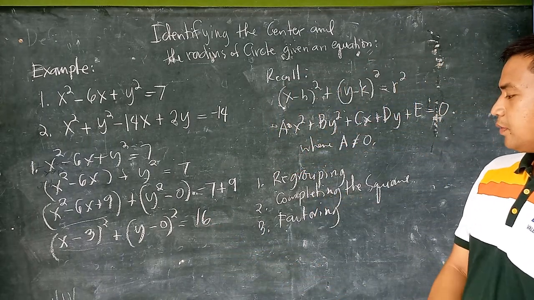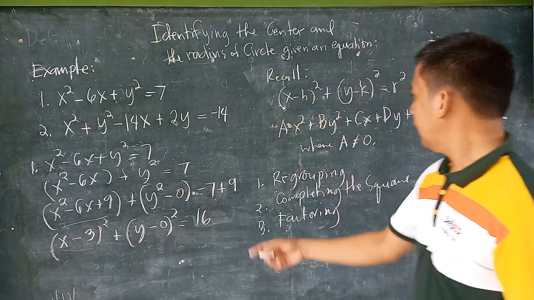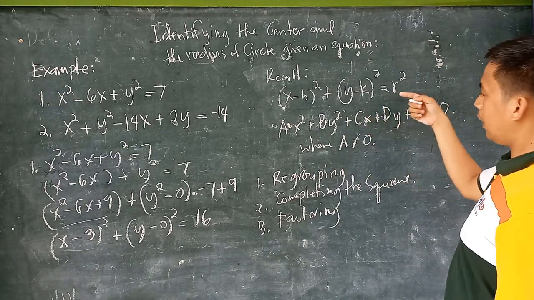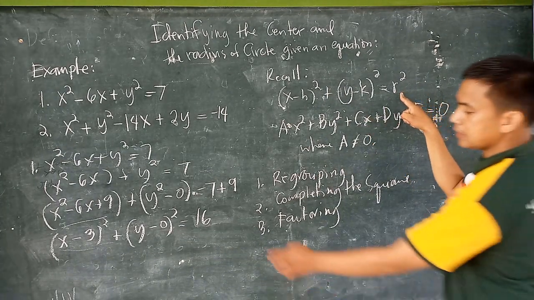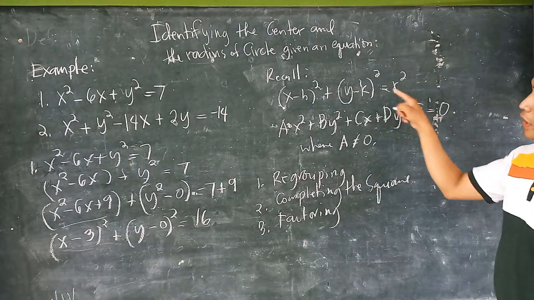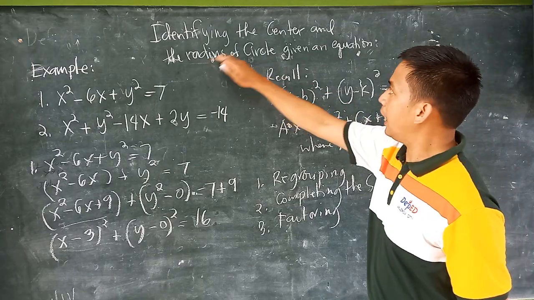Since this is now in standard form, the r squared here is just 16. Our goal is to get the radius and the center.